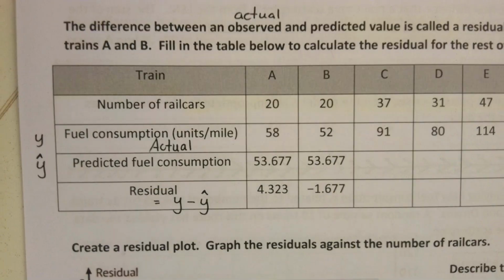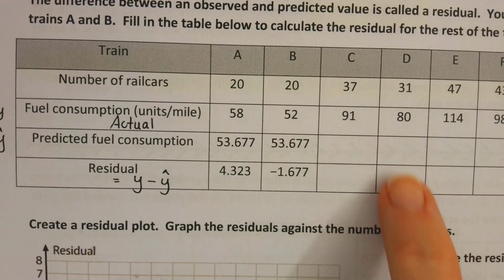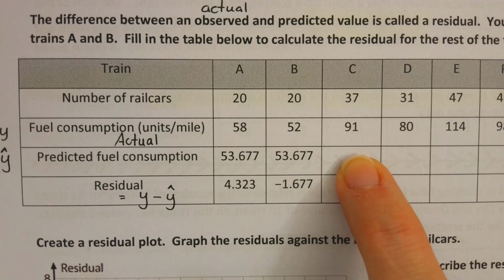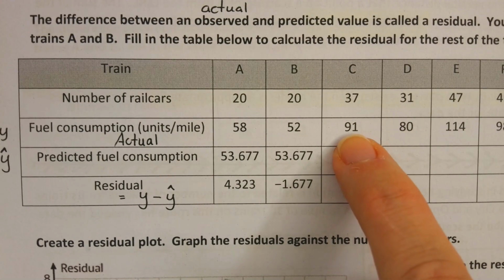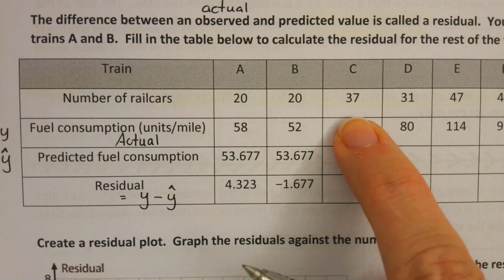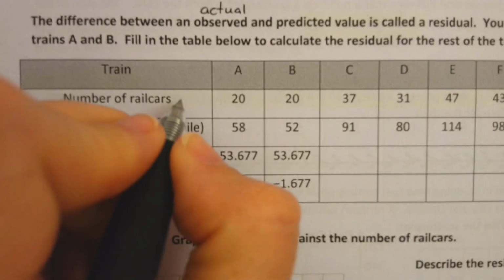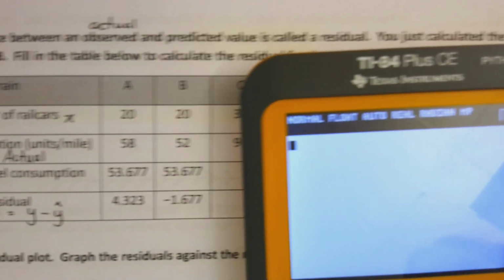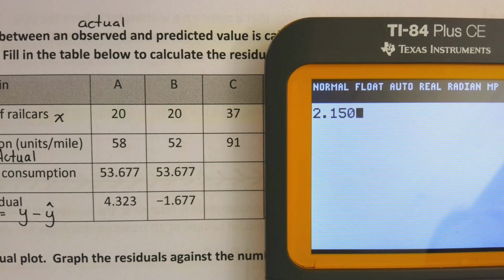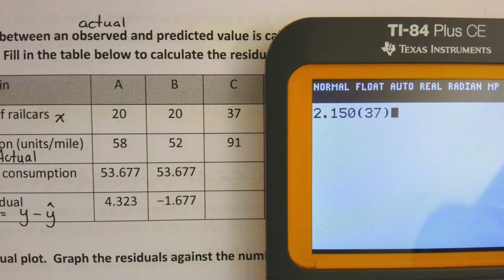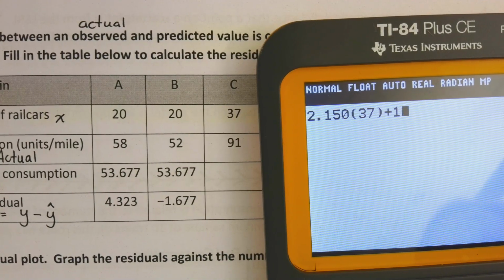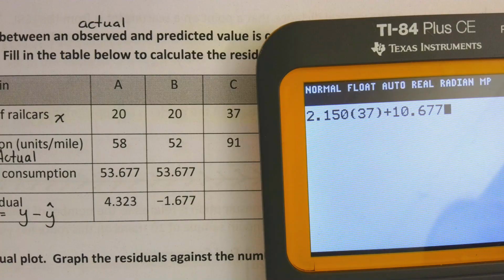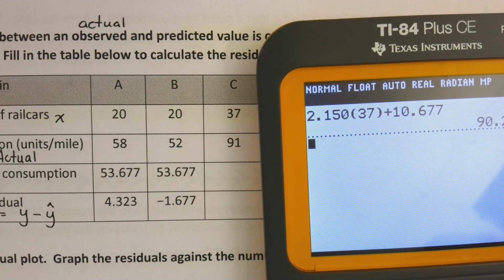All right, I'll do the first one for you just in case you're lost already. On this one right here, are we plugging in 37 or 91? We're plugging in 37, right? Because this is the x value that we're plugging into the equation. All right, so in my calculator, let's do it. 2.150 times 37 plus 10.677, 90.227.